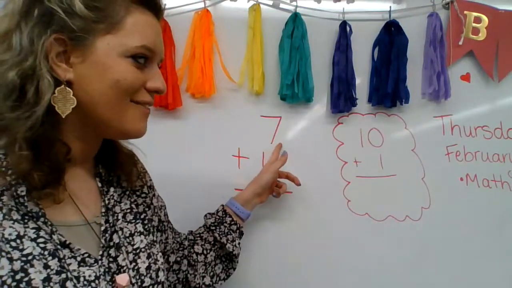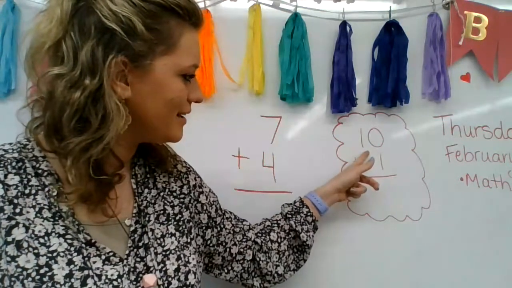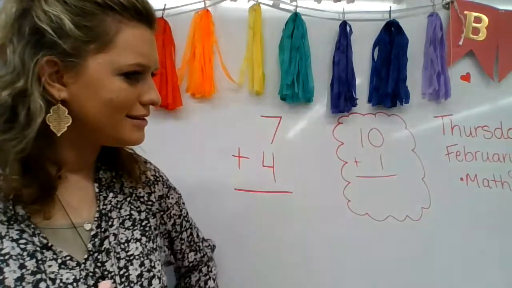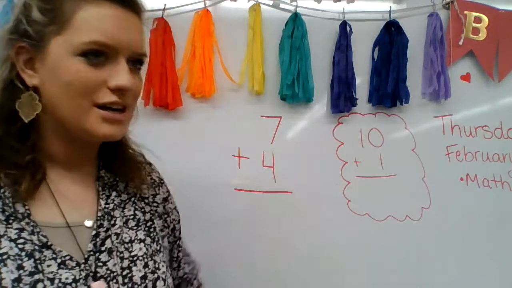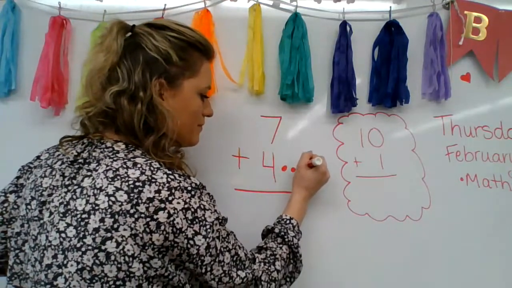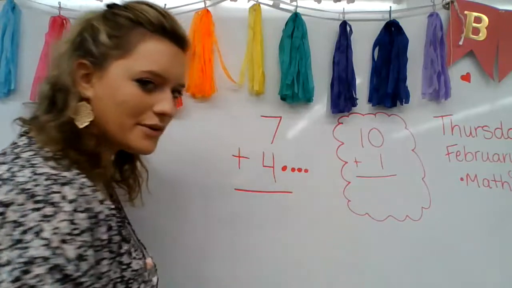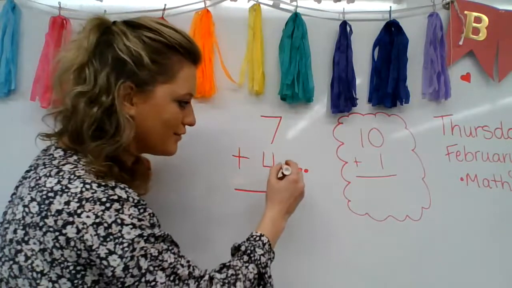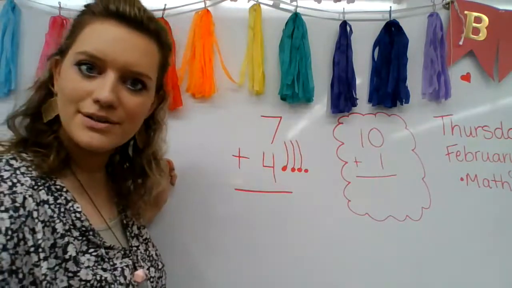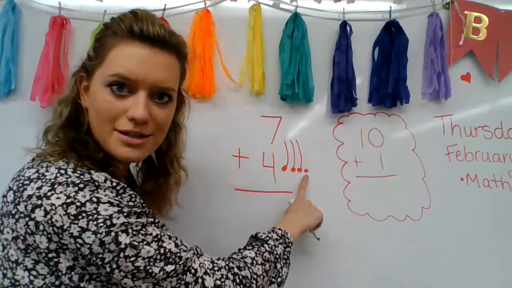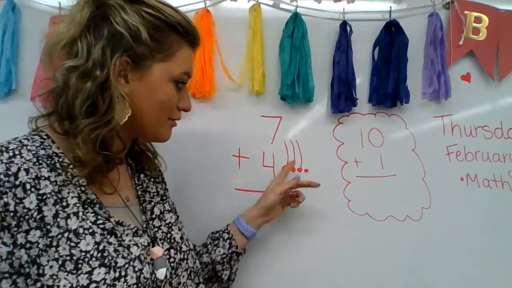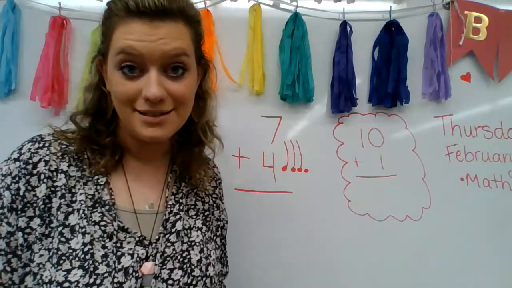I thought that 7 plus 3 gave me 10. So I used up 3 of these to get to 10. So if I had 4 to start out with, and I used 3 of these friends to help out 7, I used 3 of those to help out 7 to get to 10. How many little dots are left? 1. There's only 1 little dot left because I used 3 of those guys to go help 7 make 10.